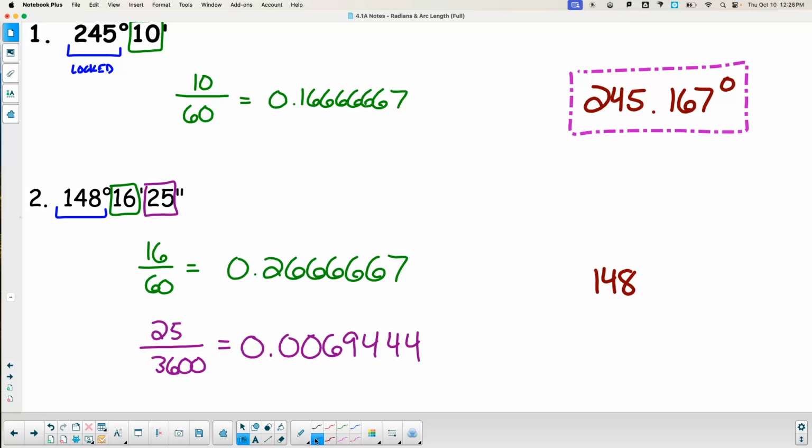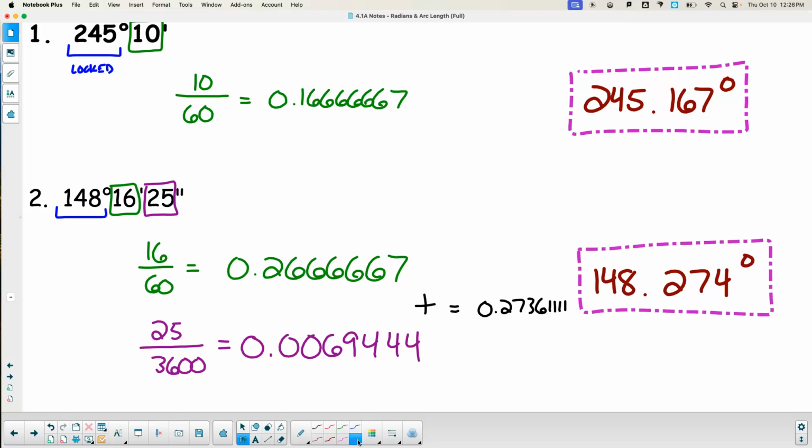And then I add those together, and so that then gives me my decimal.